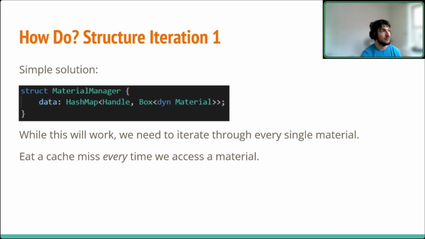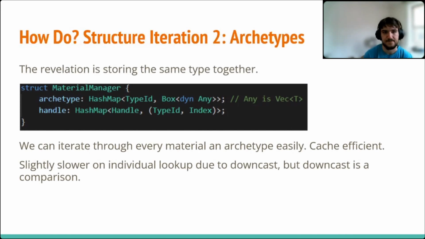So we steal their solution, archetypes, and we can just store all of the same type together. So instead of having a map, instead of storing a box of dyn Material, we're storing a box of dyn Any, and that Any happens to be a vector.